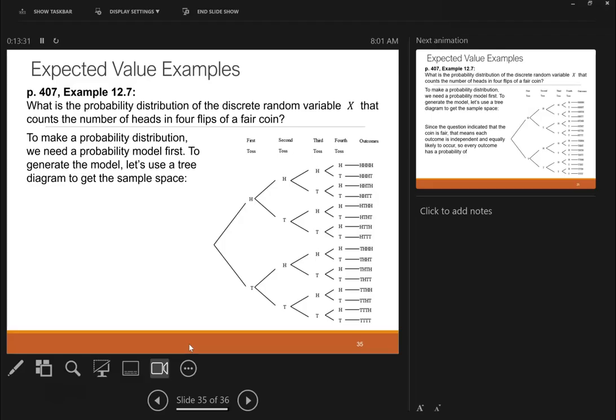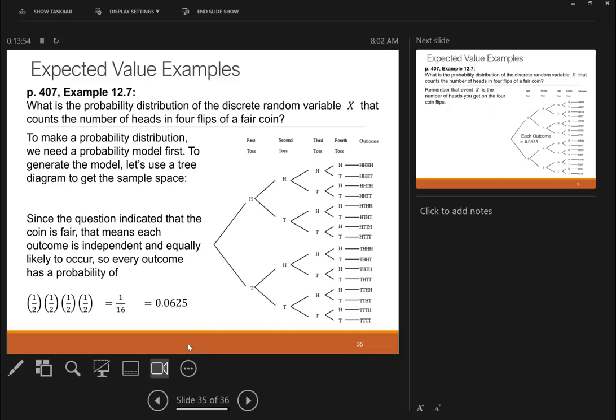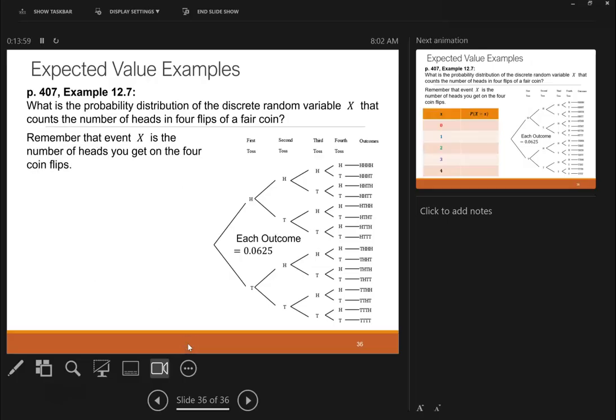So if I have heads, and heads, and heads, and heads, and when we're dealing with probabilities and means that we need to multiply, so I'm just going to have 1/2 times 1/2 times 1/2 times 1/2, or 1/16. So each of these has a 1/16 probability, or 1/16 as a decimal is 0.0625.